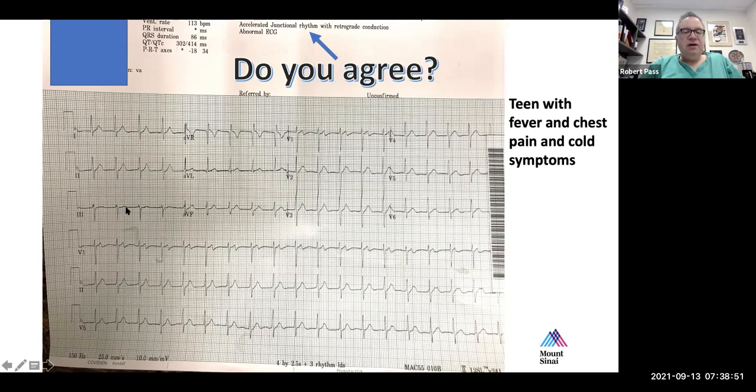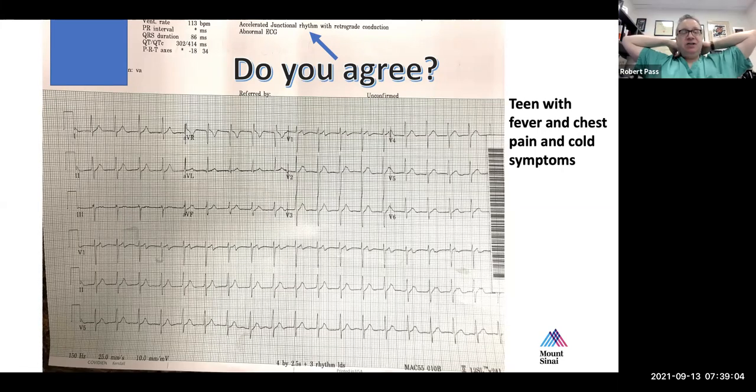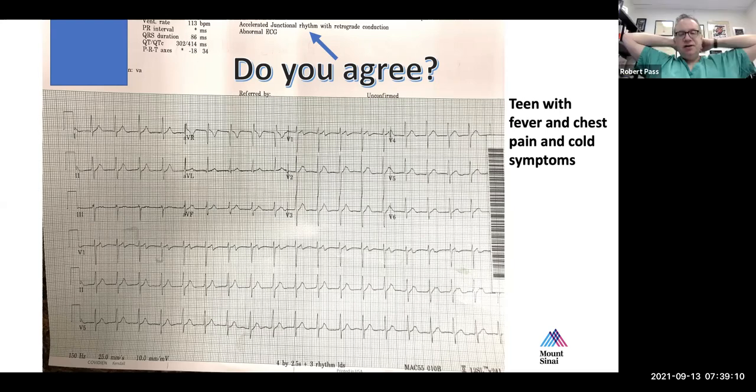What's interesting is if they are P waves, they're upright, which you would expect if someone were in sinus rhythm. You would not expect a retrograde P wave to have that morphology. Yeah, so hard to tell though, because the PR is so long that the T wave has superimposition of the P wave.